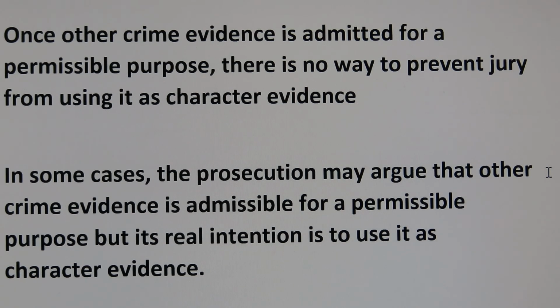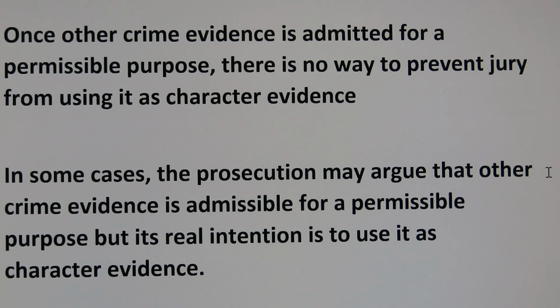So the prosecution would argue this other crime evidence should be admissible to prove identity, but the calculation of the prosecution actually is that after the jury hears this evidence, the jury most likely will use it as character evidence.